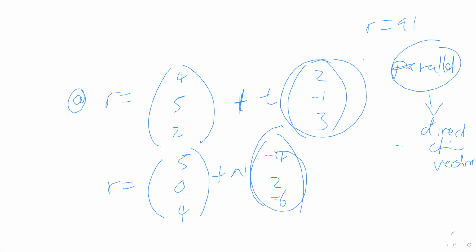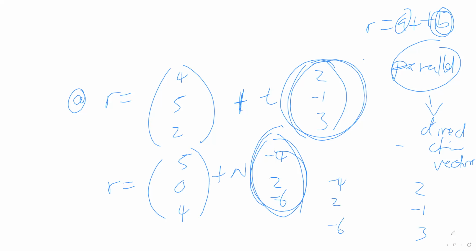Remember the equation we're writing as this: this, we said, is a direction vector, and the other one is just a position vector. So you can use the direction vector to identify if lines are parallel or not. For example, here the direction vector is 2, -1, 3. Here, the direction vector is -4, 2, and -6.